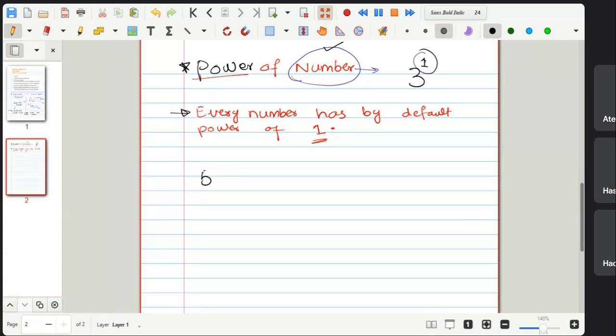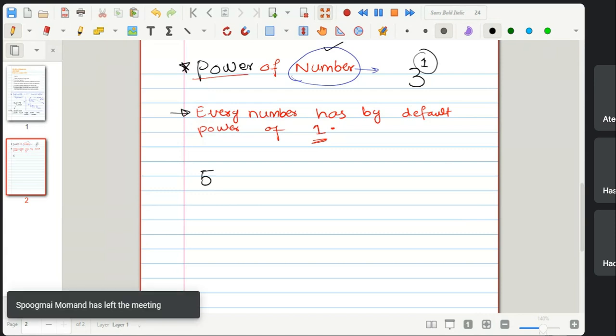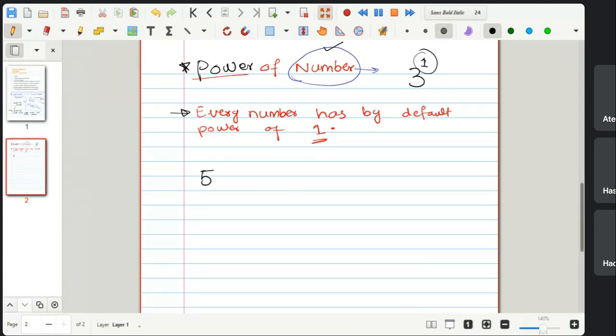So this is 5. Hadia, tell me what is the power of this number which is 5? Hadia, yes please. Hadia will tell us. Hadia, are you here or not?